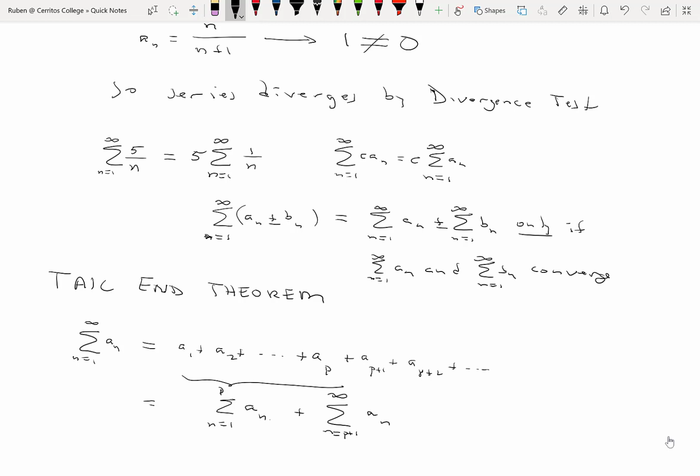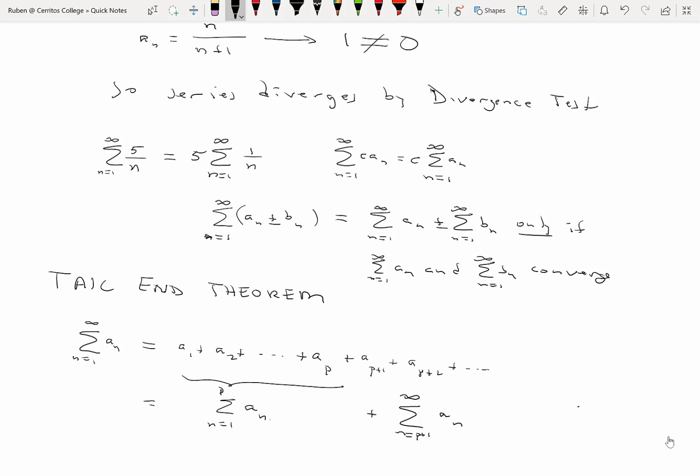In fact, what I'd like to do, if my surface will allow me to, I want to move this second part over. Okay. There it is.